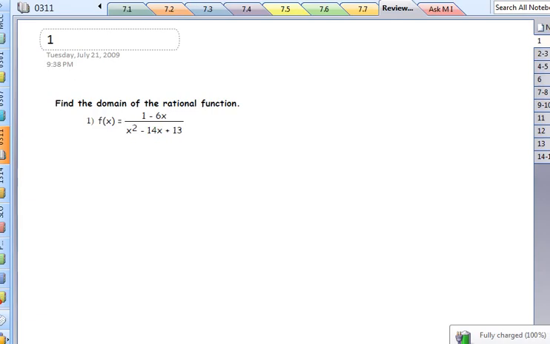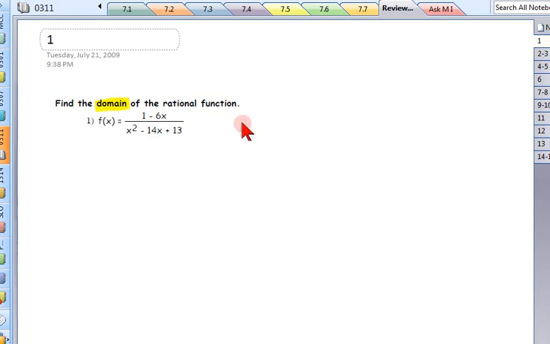First question, and the only thing that is not discussed on your blue sheet, but when you're working on that extra review, you certainly could make yourself some notes about it, is what is the domain of a rational function? Okay, the domain.